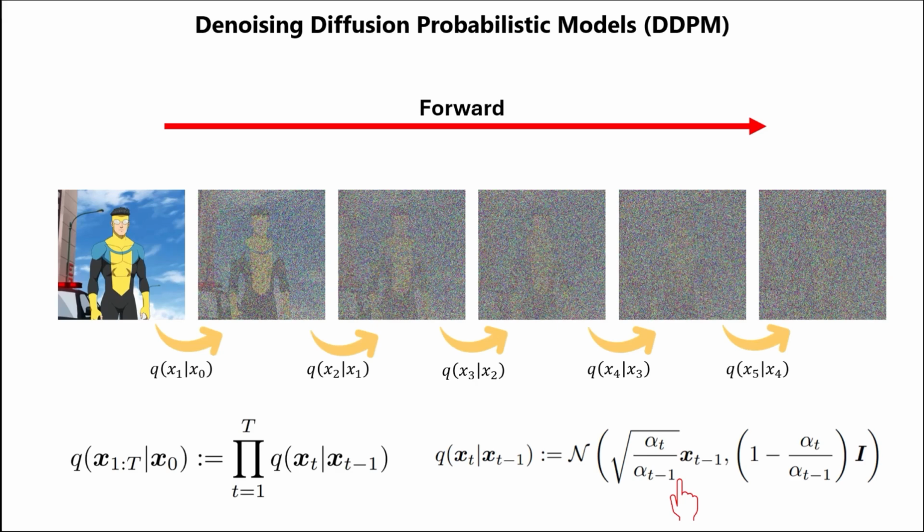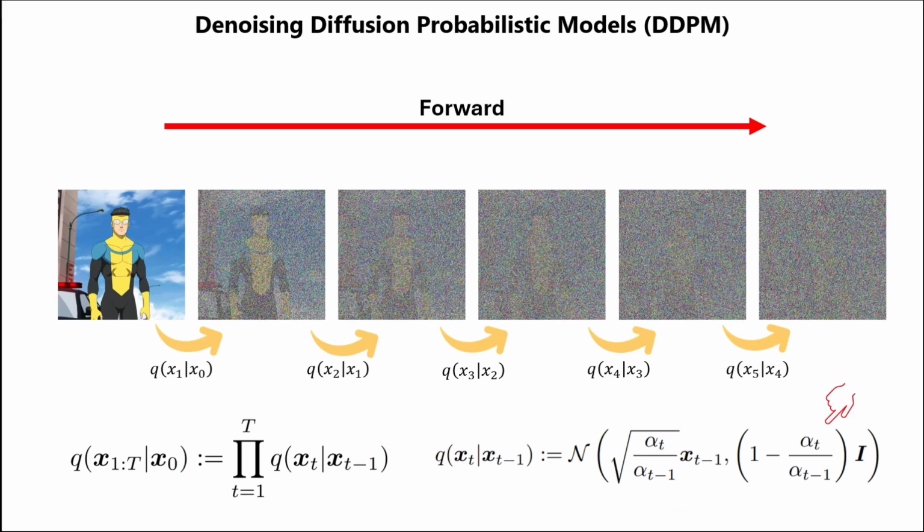One thing to note is that we desire to reach a random normal distribution at the end that has 0 mean and unit variance. At the end, if alpha capital T is 0, that means the numerator is 0, so the coefficient is 0, and the mean of this normal distribution is also 0. We can say the same thing for the variance.